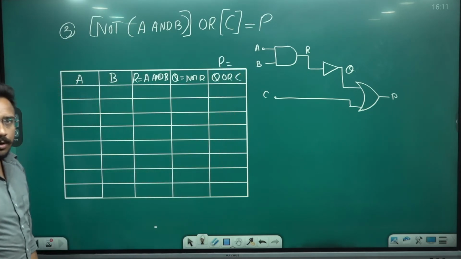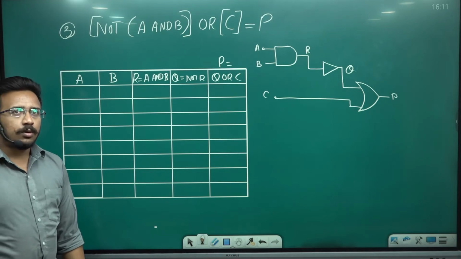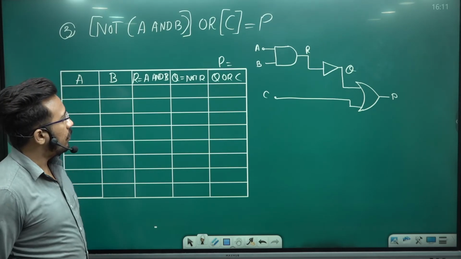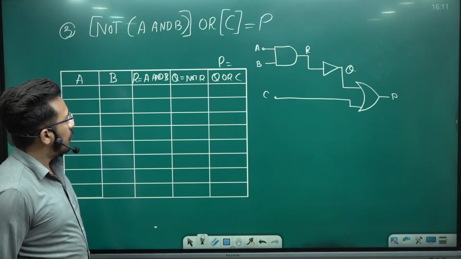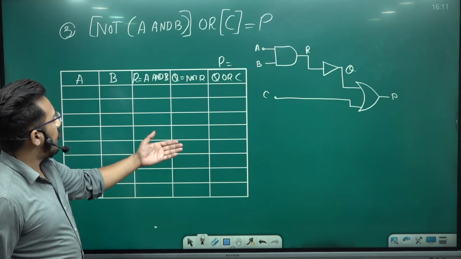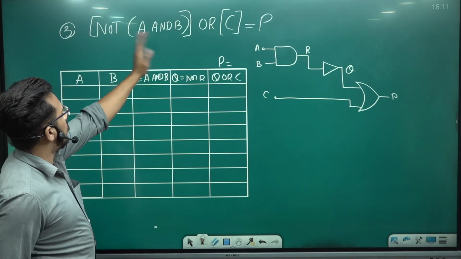No, not. You can simply write as per AB, with respect to AB also.